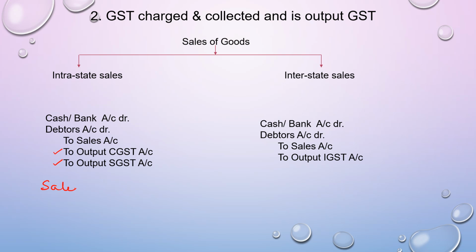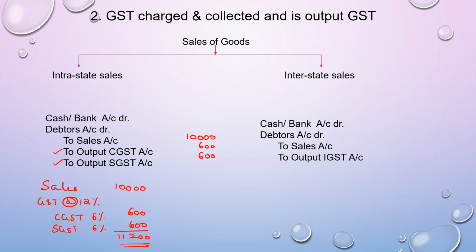Suppose the sales value is 10,000 and the GST is at the rate of 12%, then CGST would be at the rate of 6% of 10,000, which is 600, and SGST would be 6% of 10,000, which is 600. So the total value would be 11,200. So the sales would be credited 10,000, 600 would be credited to output CGST and 600 would be credited to output SGST.